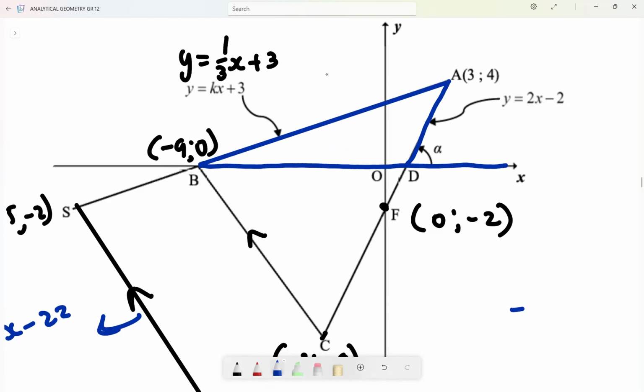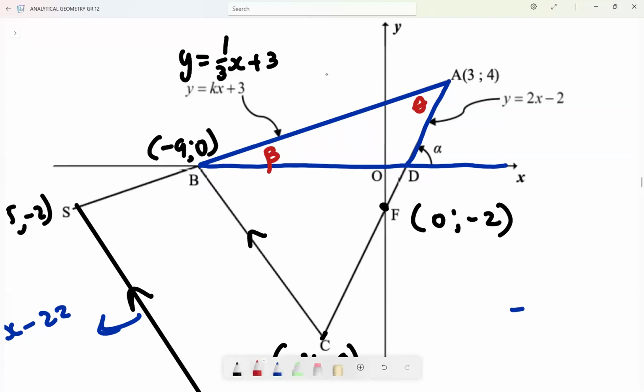If I want this angle, let's name this angle alpha. Do you see I can say this angle plus this angle is equal to this angle, the exterior angle of a triangle? So I can name this angle beta.